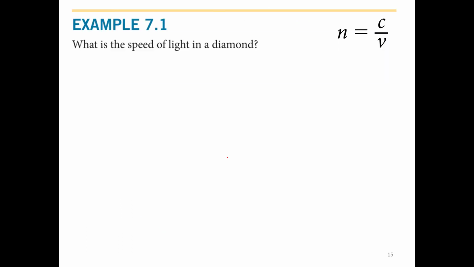Then let's try to solve a problem. What is the speed of the light in diamond? We know the index of refraction equals the speed of the light in vacuum over the speed of the light in this case in diamond. We want to know the speed of the light in this particular material, so we need the index of refraction of diamond.